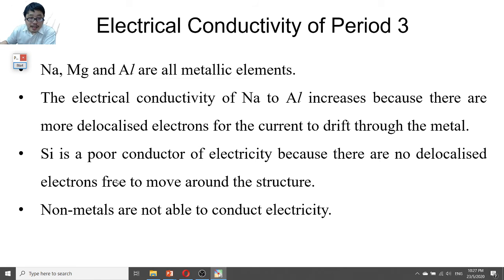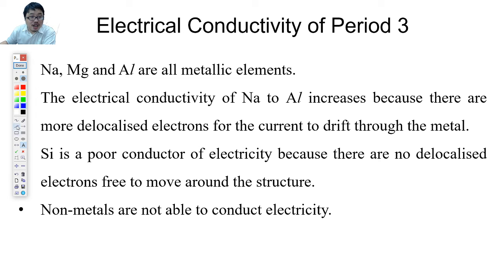Now, non-metals are not able to conduct electricity, but silicon is able, because silicon is a semi-metal. Have you heard of the phrase semiconductor industry? Silicon is a semiconductor, able to conduct only a little bit, and that little bit is one of the basic foundations for computers.